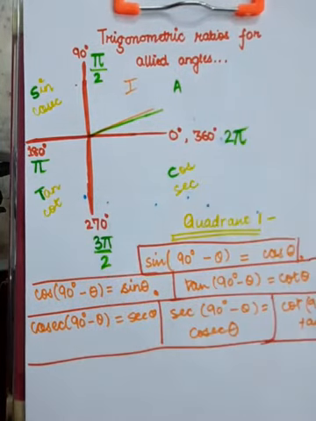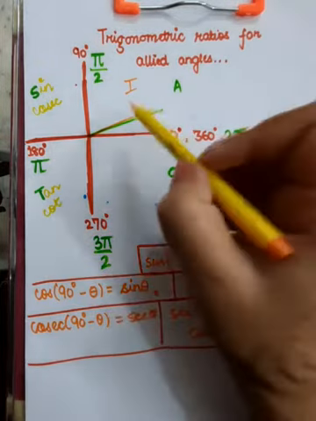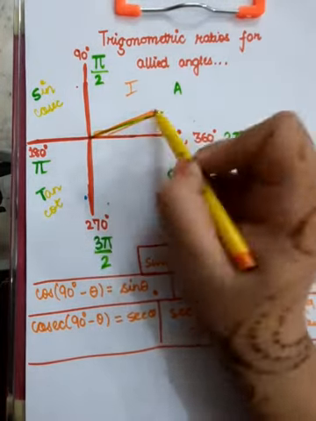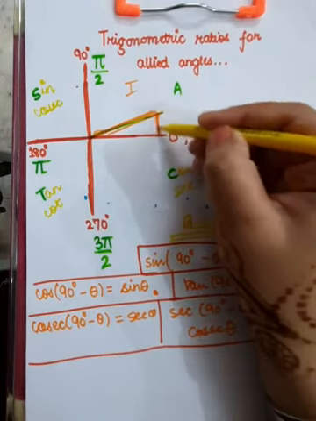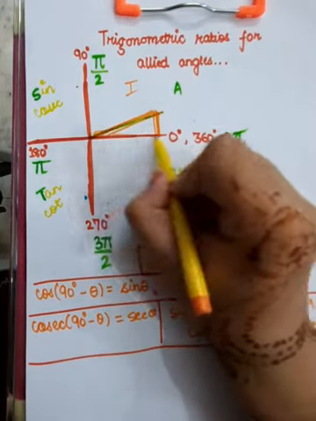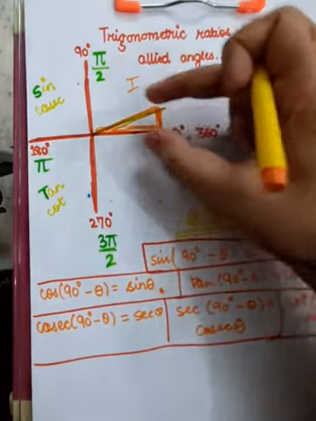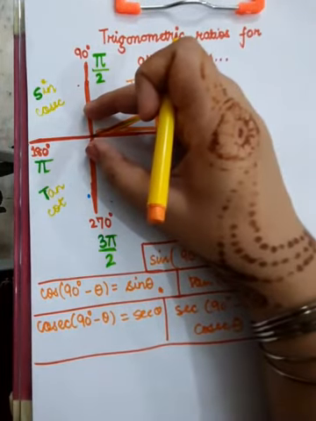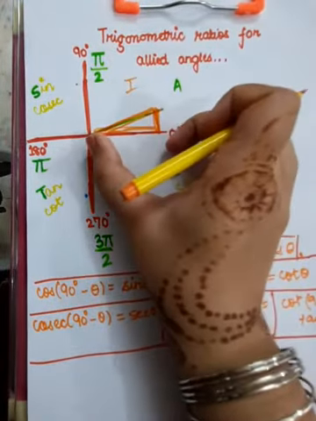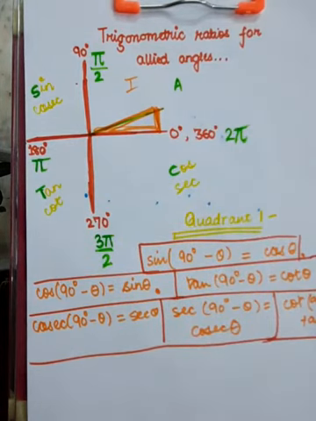If I say that all the t ratios are taken as positive in this first quadrant, how will I justify myself? This revolving line subtends one perpendicular and one base. Can you see that the perpendicular is the positive y-axis and the base is the positive x-axis?